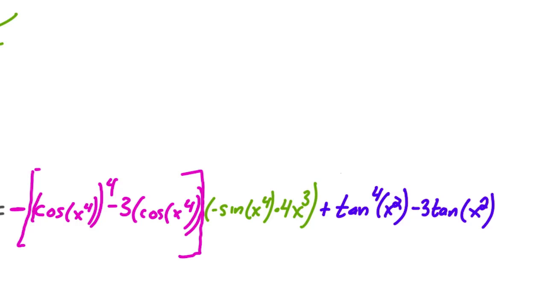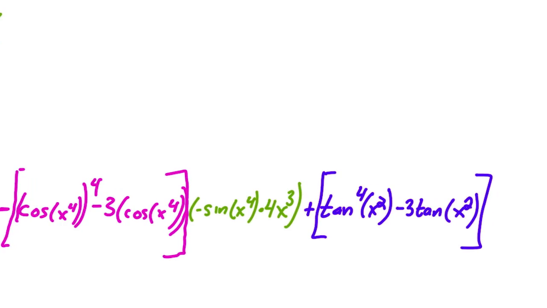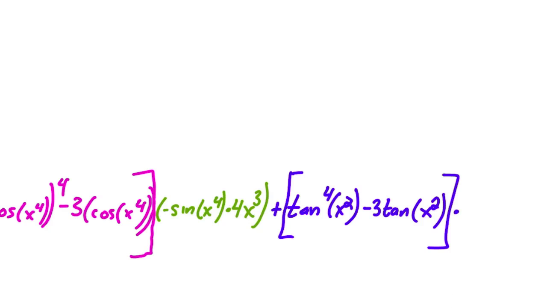Okay, so that's what I get when I plug in tangent of x squared inside of the t's, and then I'm going to multiply times the derivative of the inside. So the derivative of tangent of x squared is secant squared of x squared times 2x.